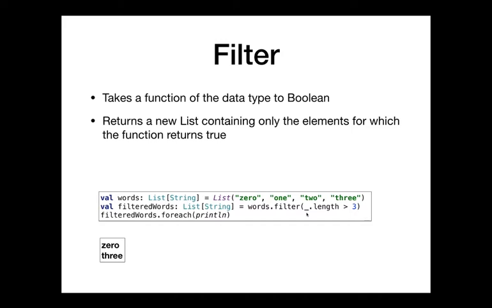If I need to use that input variable more than once, I can't use the syntax, and I'll have to use the more expanded way of writing this. But this underscore is in place of the name of the input parameter. So this is in place of whatever element I'm currently looking at. So this would be each element one at a time, and then filter out based on this function. So I'm only providing the body of the function and using underscore in place of the name of the input parameter.